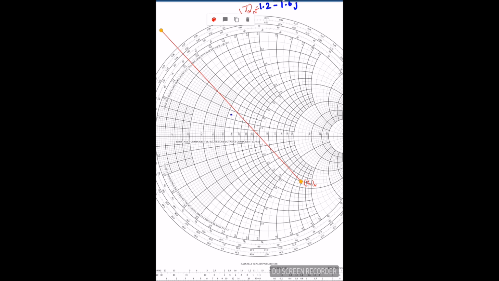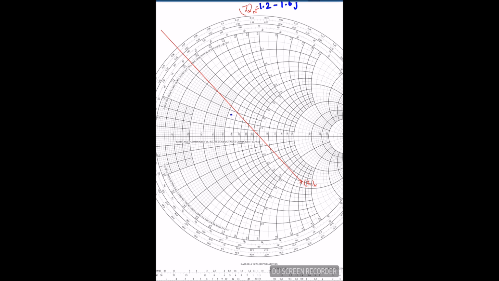If you see the 180 degree rotation, in the upper scale, where exactly is it? I want the same radius at 180 degrees. So for that I need to draw a circle.